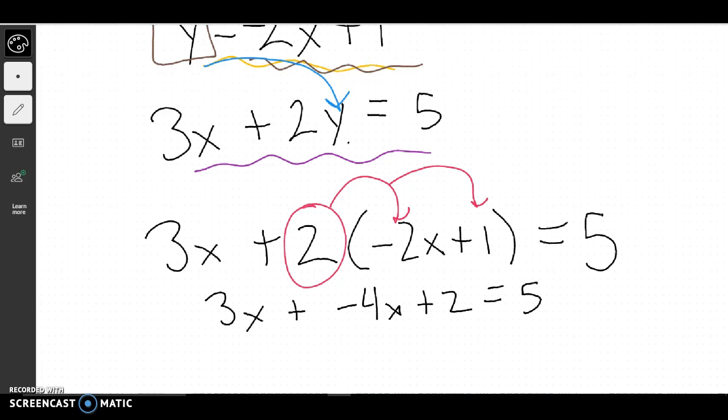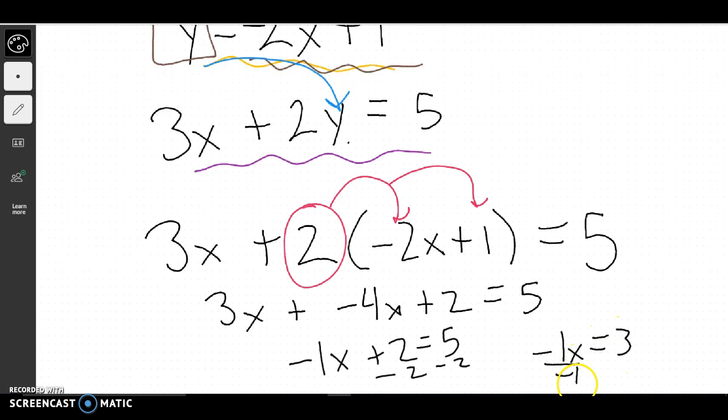So 3x and negative 4x will become negative 1x plus 2 equals 5. I'm going to subtract 2, so negative x is equal to 3. I'll divide by negative 1. I'll have x equals negative 3. That will be one of my answers.